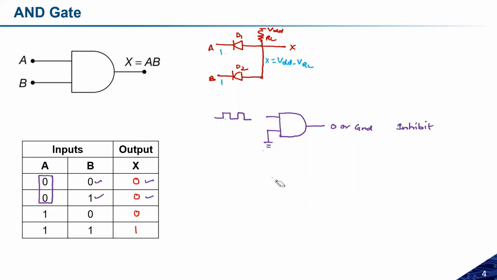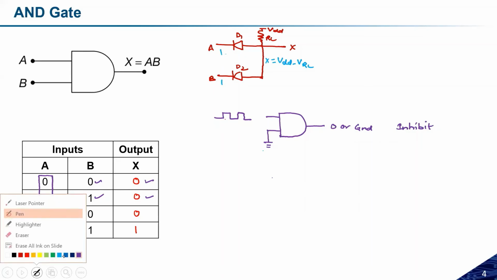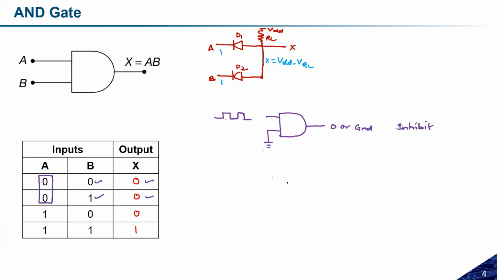Similarly, let us see the second case. Suppose I have an AND gate, and somehow I have provided VDD, that is logic 1, to any one of the inputs. Whatever the other input is, that will be passed to the output as it is. So I can make a buffer circuit with the help of an AND gate as well.